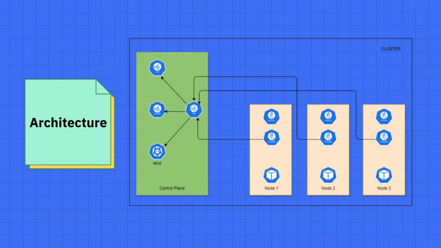Whereas on the other side, we have kubelet, which actually connects with the control plane and shares the information and acknowledges the control plane about the health and about the running node on which it is running. Then we have kube proxy, and it can have our pods also running in it.